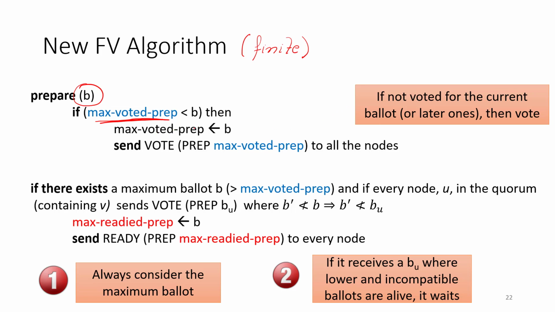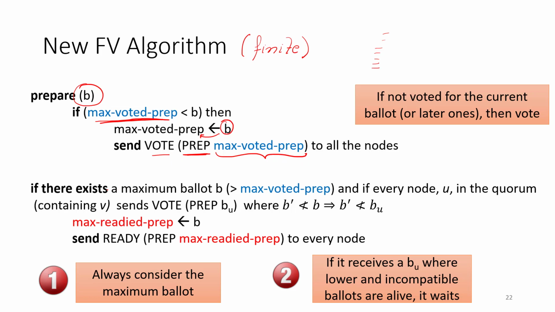So if you have not voted for the current ballot or for later ones, then you set max voted prep to B, which is also what we were doing previously, right? So I'll keep on voting, I don't have an issue, but I'll only vote for ballots with monotonically increasing numbers. Then I will send the vote. The message that I will send is prepare prep, and max voted prep is just what I voted for, which is basically the ballot that I proposed to all the nodes. So this part is the same. It is like sending your basic vote messages.